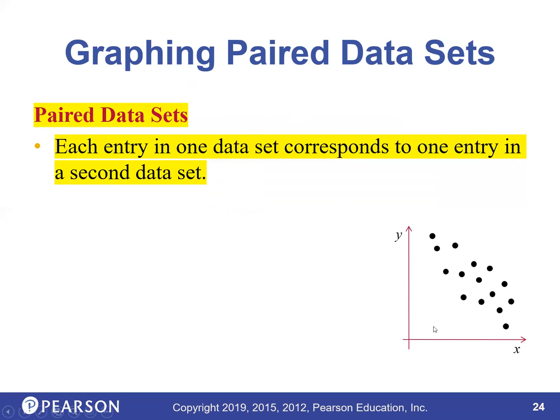You have the x-axis, you have the y-axis, and remember from algebra, this is called quadrant 1, the positive, positive. So as x increases, what's happening to y? That's what we want to see. It makes no sense to go negative on either side because we're counting things on both sets.